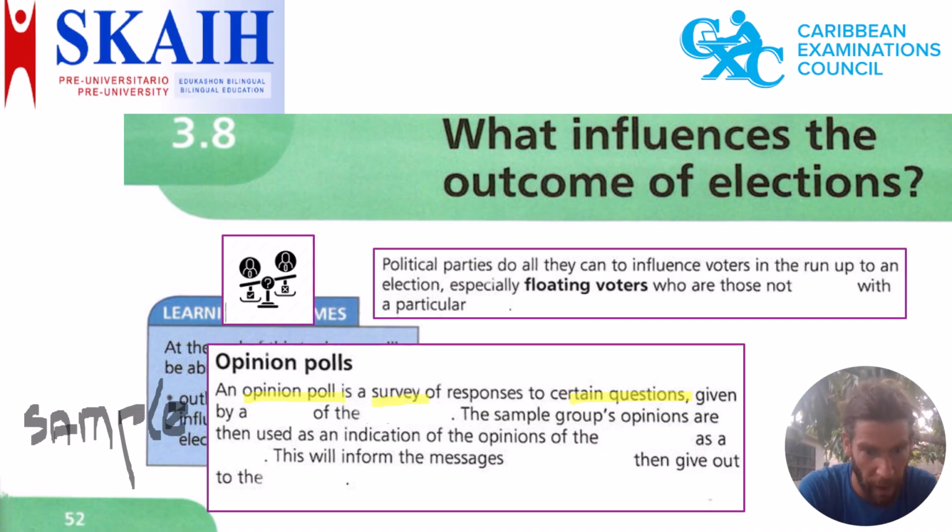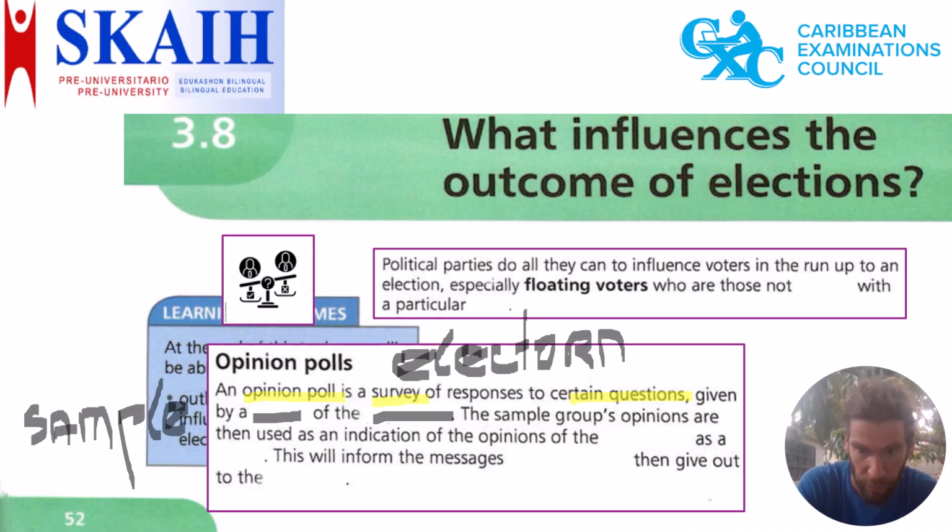The electorate are those voters who are eligible to vote in a certain country. The sample group's opinions are then used as an indication of the opinions of the electorate.